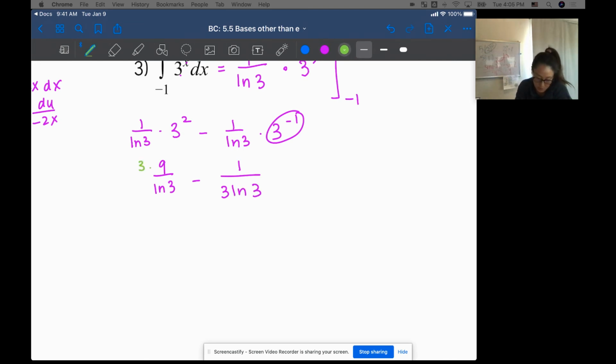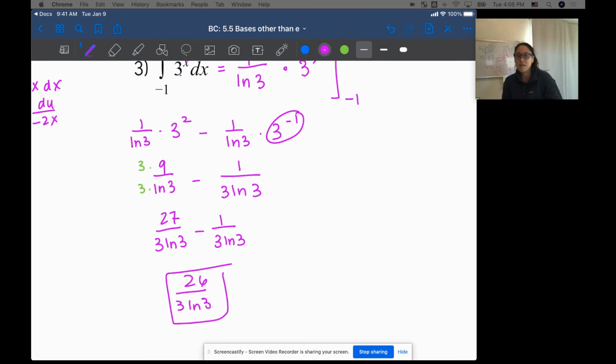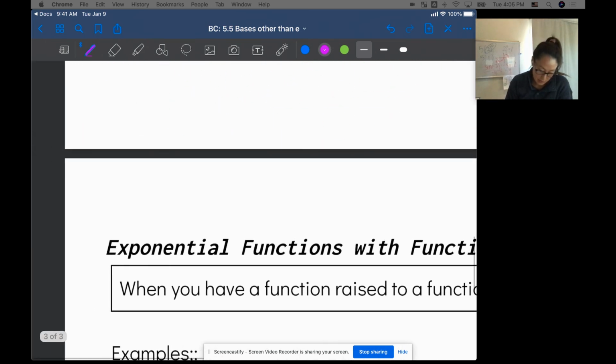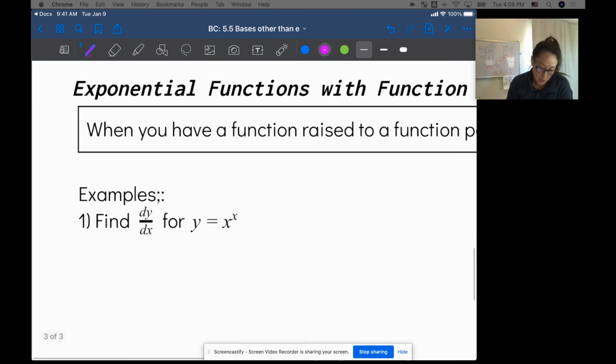Let's get a common denominator. So I get 27 over 3 ln 3 minus 1 over 3 ln 3 is 26 over 3 ln 3. Look, we simplified fractions without a calculator. Fancy that.